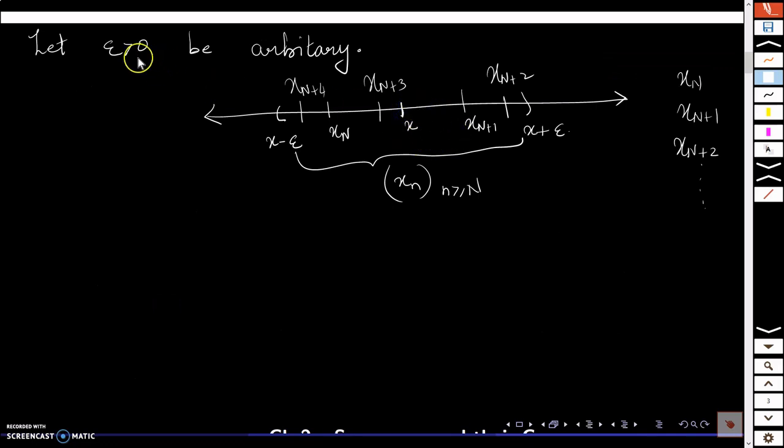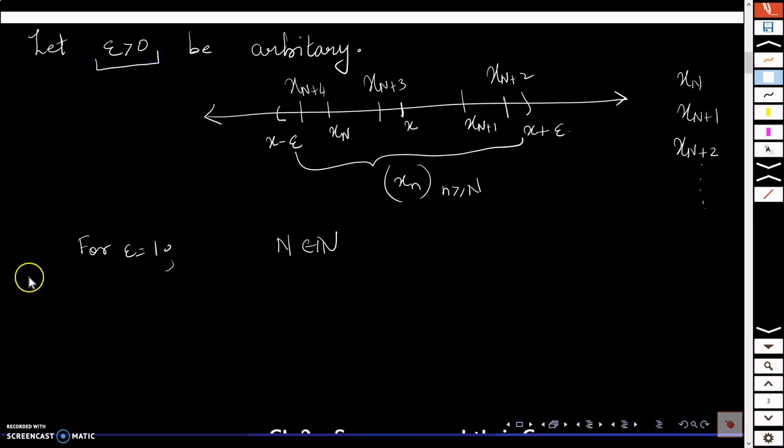So if you give me epsilon equal to 1, then corresponding to this epsilon, if I can find one natural number capital N such that the terms of the sequence after this natural number capital N are entirely sitting inside the neighborhood x minus 1 to x plus 1, then we say that the sequence xn converges to this point x. Now, why only epsilon equal to 1? It should work for every positive epsilon.